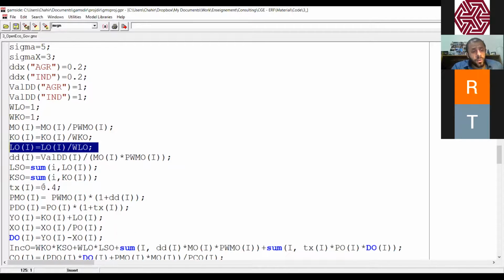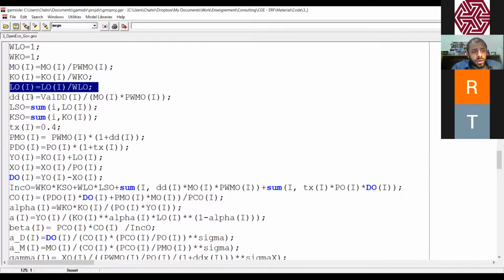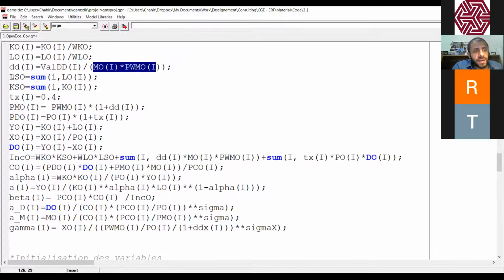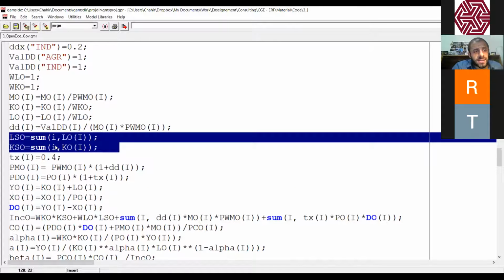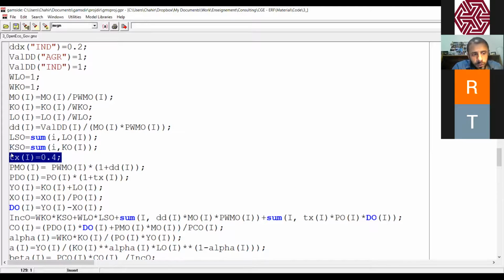Then we calculate the tariff rate itself, which is basically the share of customs duties in the value of total imports. Then here we have the labor supply and capital supply in terms of quantities. We assume that taxes are equal to 40%, 0.4.